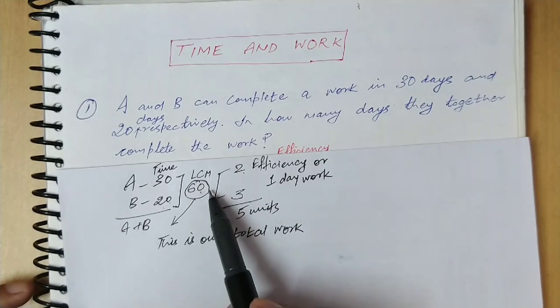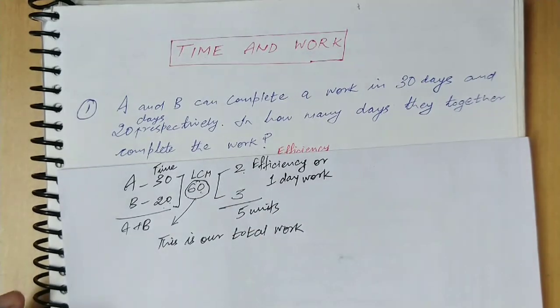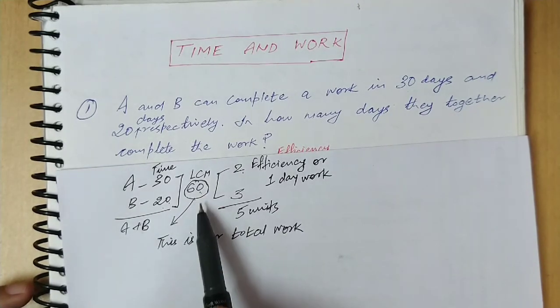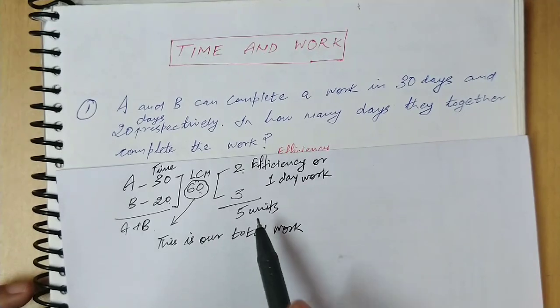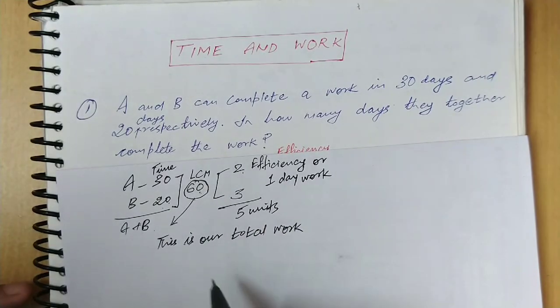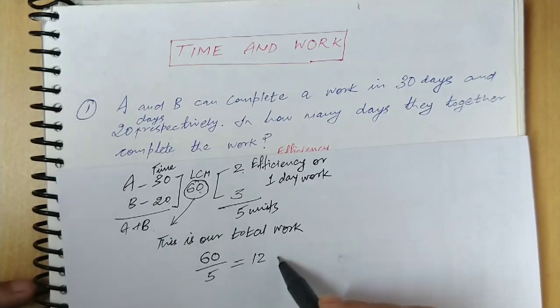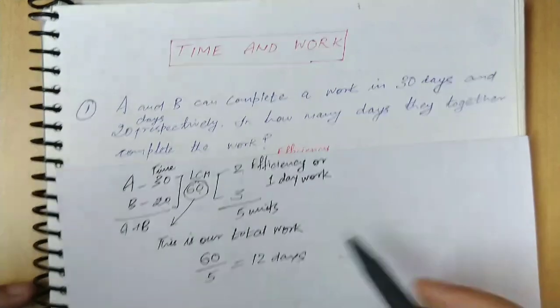We can call it 60 units, our total work. So in our question, we need to find out how much time will be required to complete 60 units of work if A and B work together. So now 60 divided by 5 will give us 12 days as our answer.